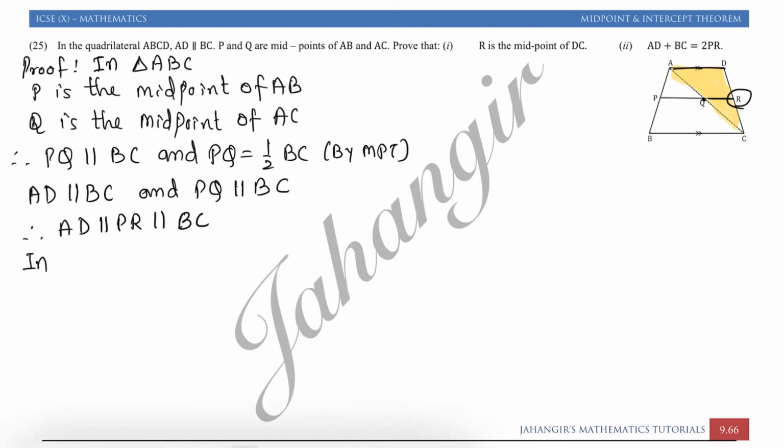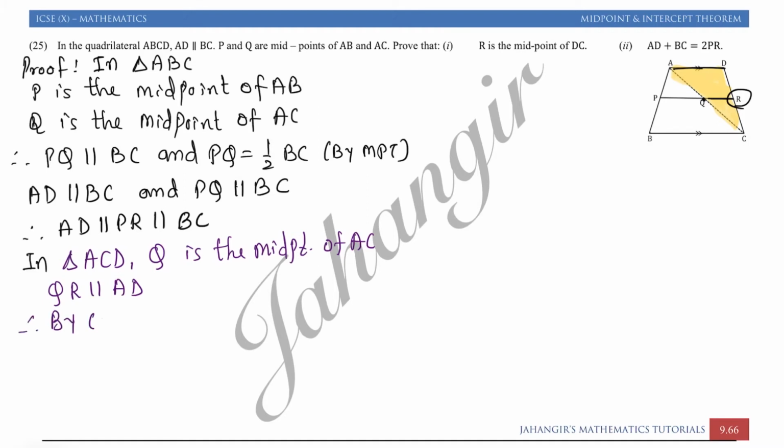So we'll write in triangle ACD, Q is the midpoint of AC, QR is parallel to AD, therefore by converse of midpoint theorem we can say R is the midpoint of CD.